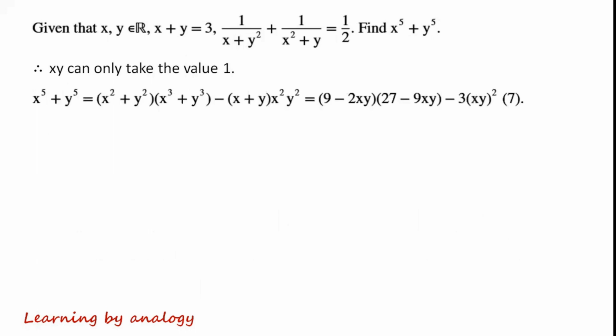x to the power of 5 plus y to the power of 5 can be written as (x squared plus y squared) times (x cubed plus y cubed) minus (x plus y) times x squared y squared, which is equal to (9 minus 2xy) times (27 minus 9xy) minus 3 times (xy) squared.